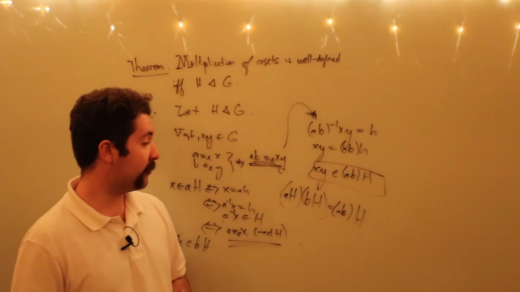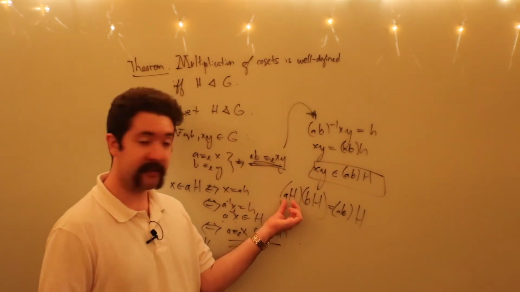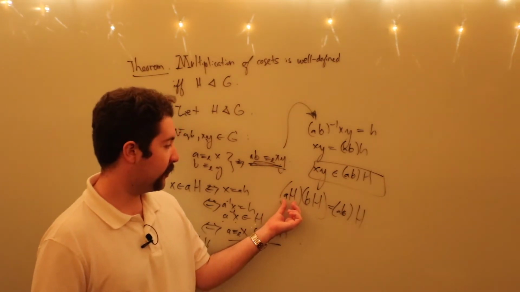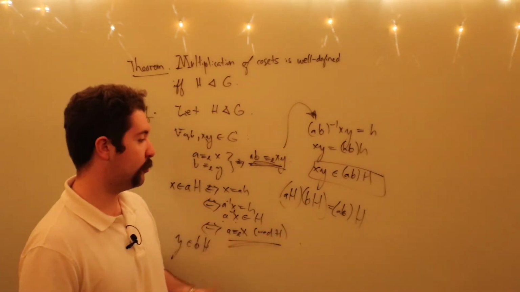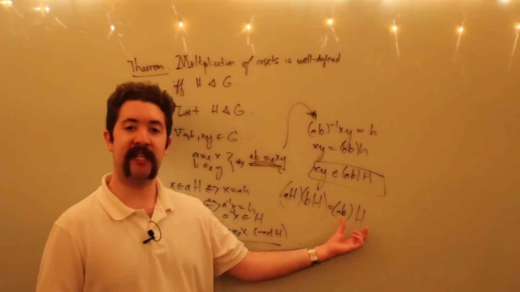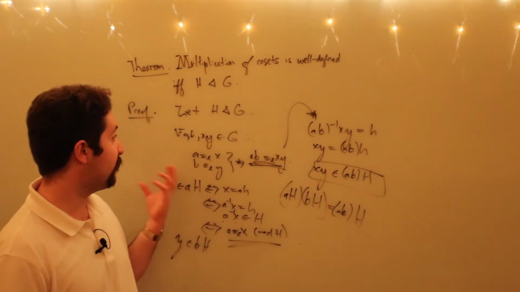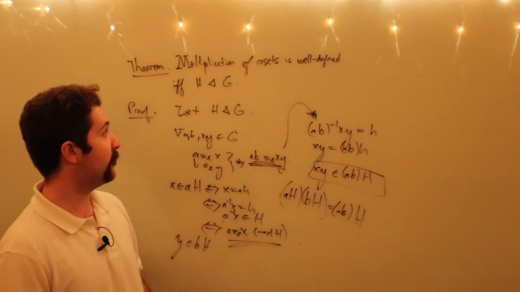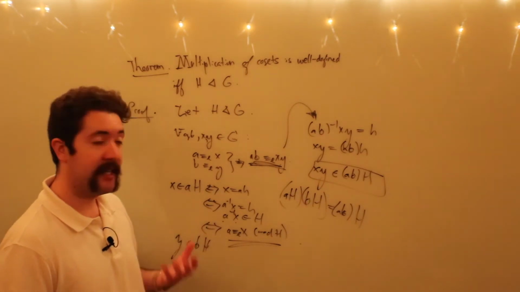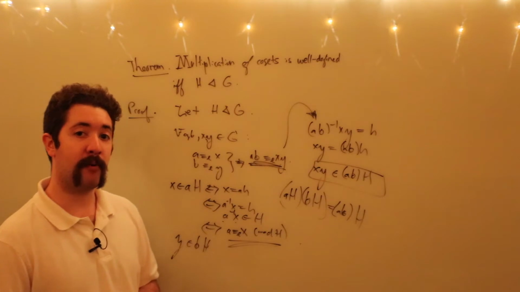So in order for it to be well defined, we need that any element in this coset and any element in this coset have the property that when you multiply them, you get an element in this coset. And that's what we have just shown by assuming that H is normal in G. So multiplication of cosets is well defined. It makes sense as a binary operation.